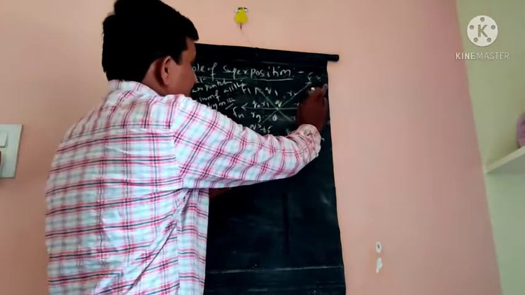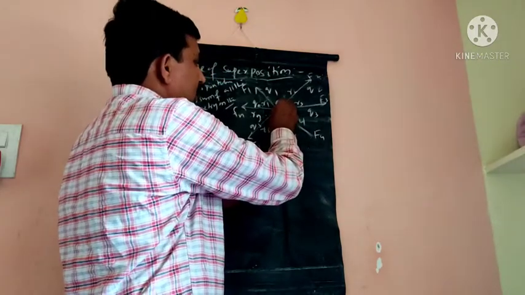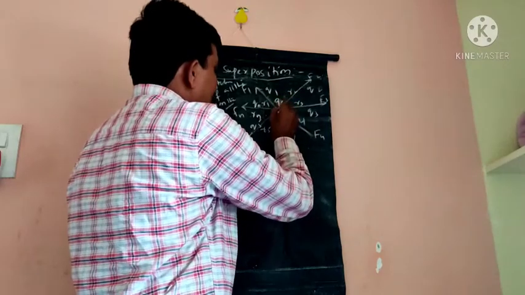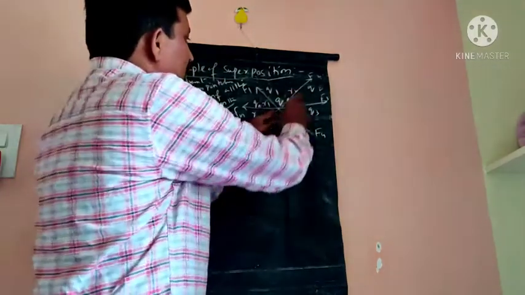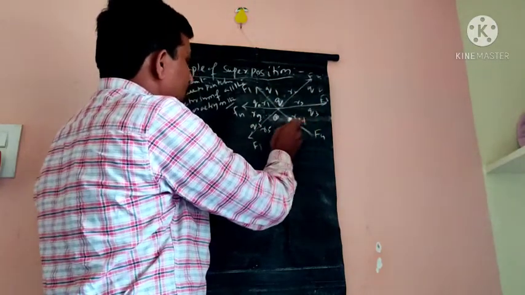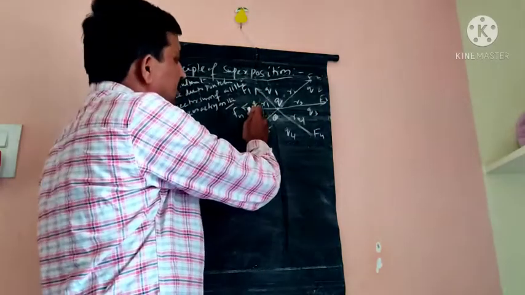So let us consider one stationary charge Q at O. Here consider Q1, Q2, Q3, Q4, Q5 and so on, Qn stationary charges.